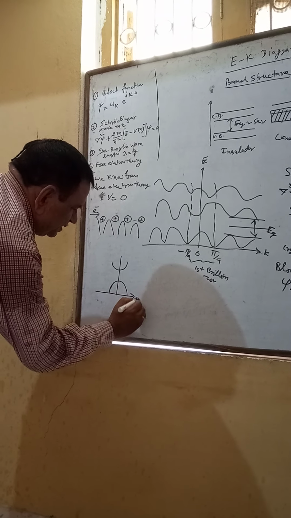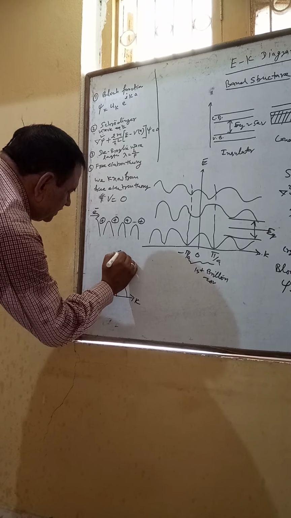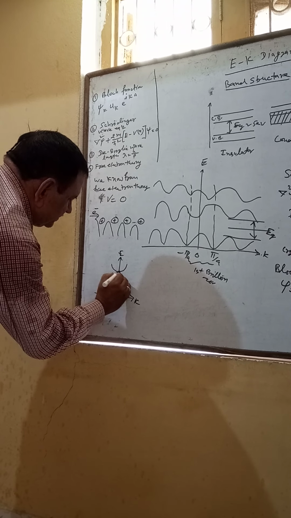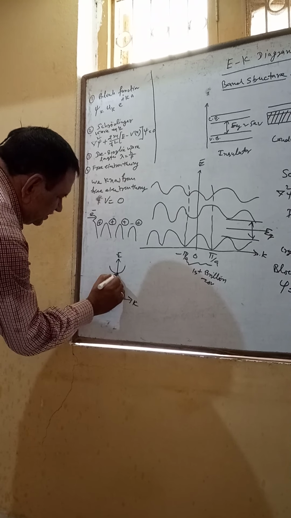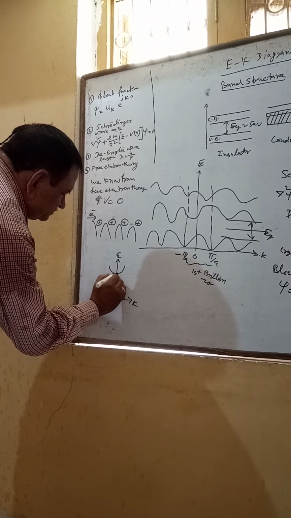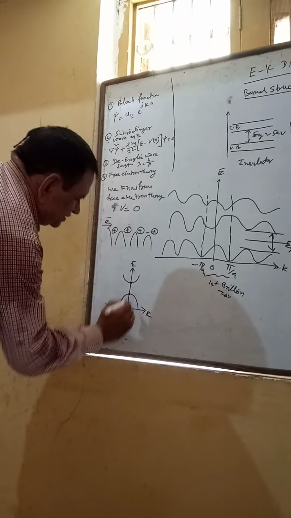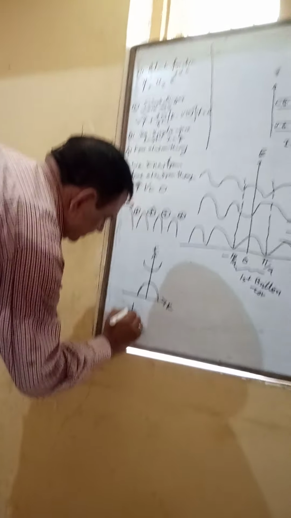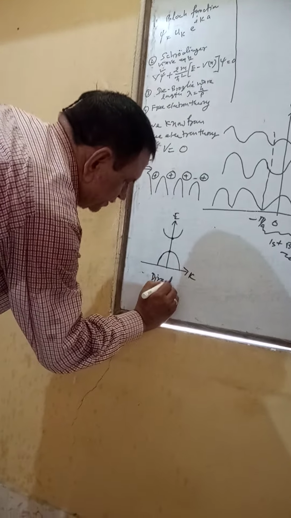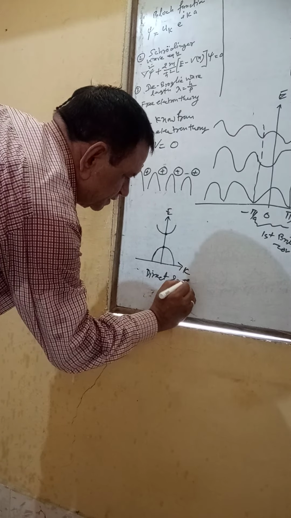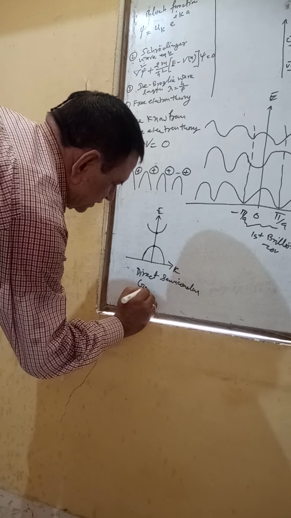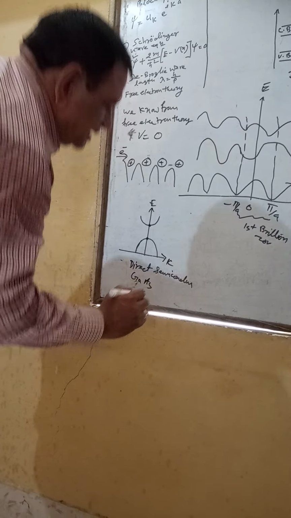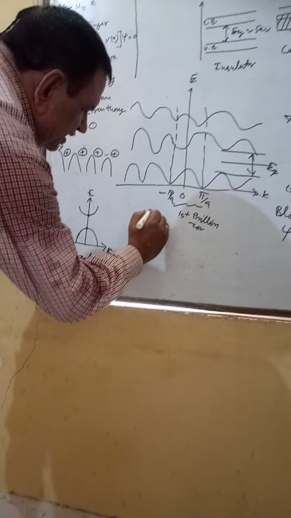This is your K and this is your E. If the K coincides at the valence band maximum and conduction band minimum, then it is known as a direct semiconductor, such as gallium arsenide.